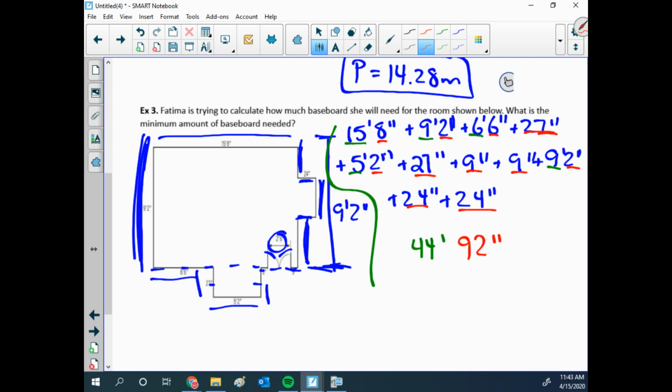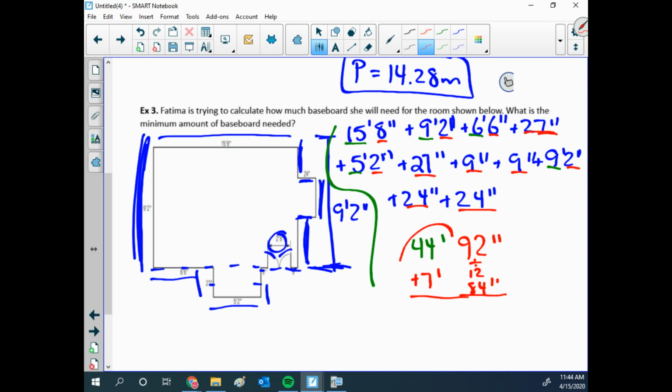Now I can't go to the store and say, I want 44 feet and 92 inches of baseboard. What I need to do is convert this to feet. So I take this and divide it by 12, and that gives me about 7. So plus 7 full feet. And then 7 feet is actually 84 inches, so I have to subtract those.